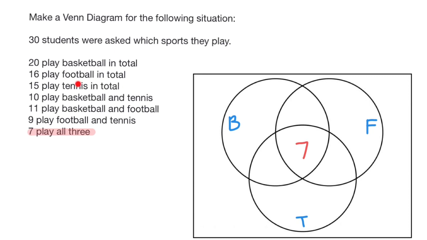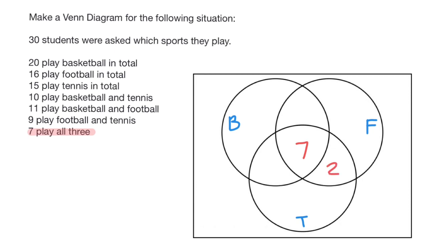Next, we have to find those positions where we also have overlap, but in this case, where 2 sports overlap. For example, 9 play football and tennis. So football and tennis are played by 9 people, but we already have 7 here. So 9 minus 7 gives us 2.